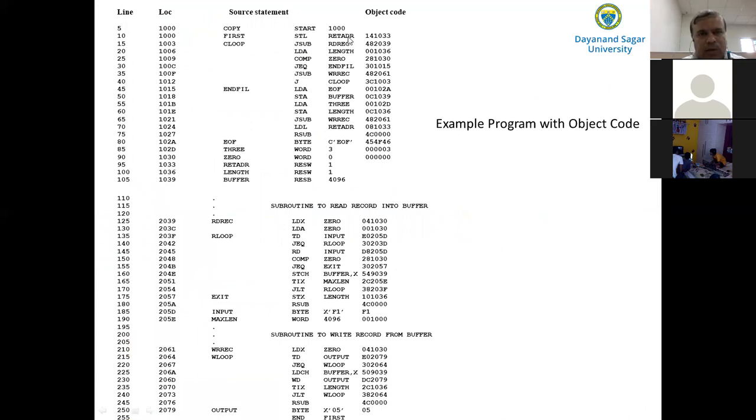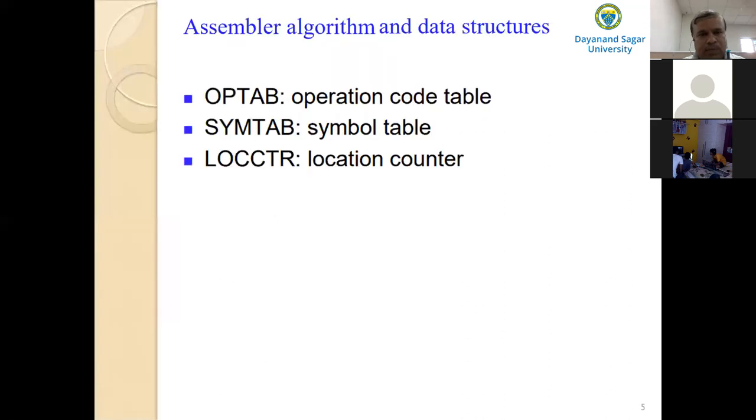So during pass 2, symbols used as operands are looked up in the symbol table to obtain the address which is to be inserted into the assembled instruction. So what is the address of RETADR? The address of RETADR, where it is defined at line number 95, is 1033. So this value will be inserted into the assembled instruction.